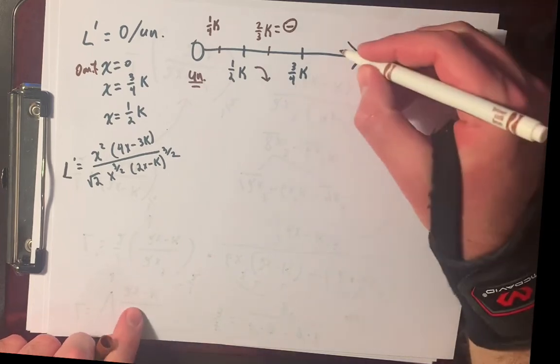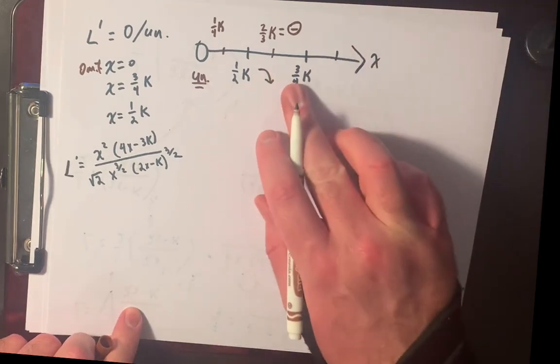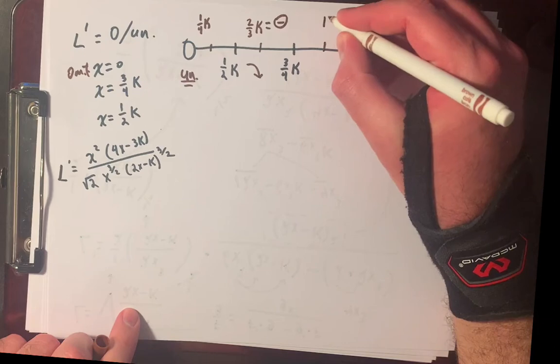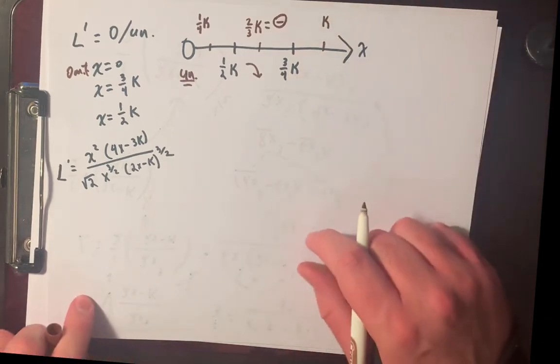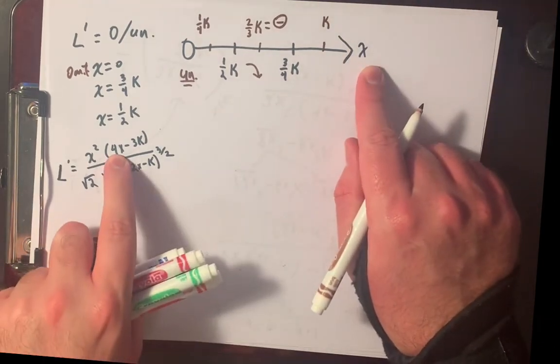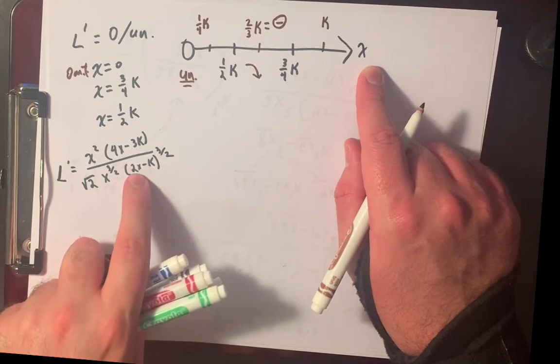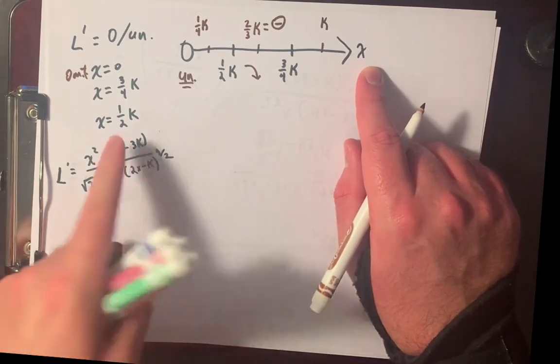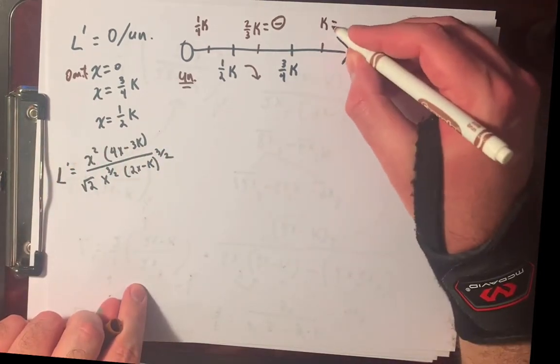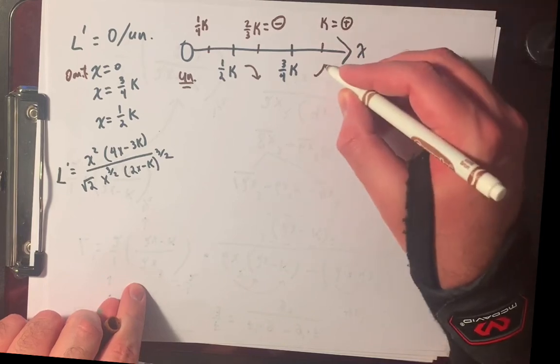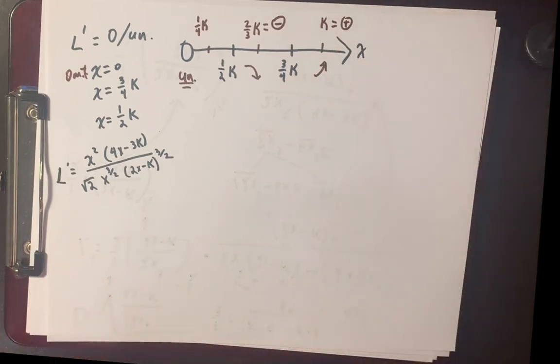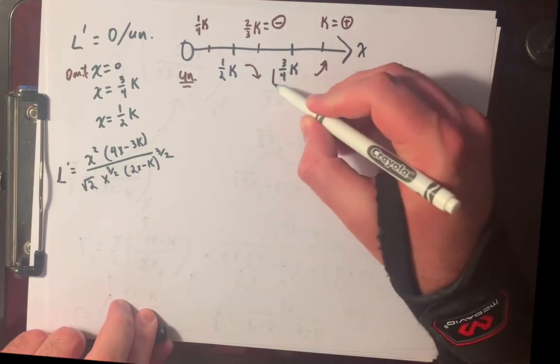Okay, let's pick a number that is greater than 3/4 of k. I'm just going to say that it's equal to k. So if x is equal to k, this becomes 4k, which is positive. 2k minus k is still going to be positive. So it's going to be positive, and therefore it's going to be increasing over this interval. And we're going to take note that we went from decreasing to increasing.